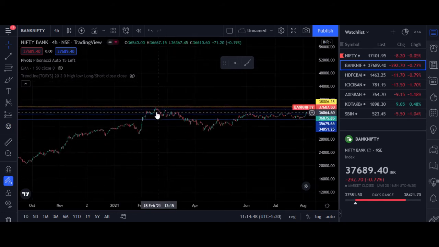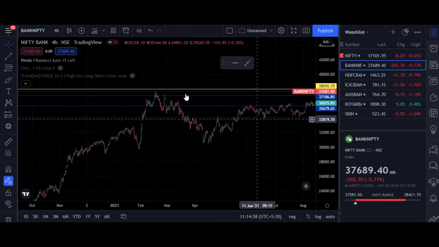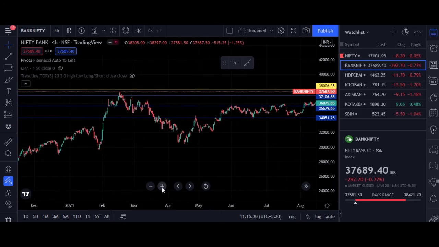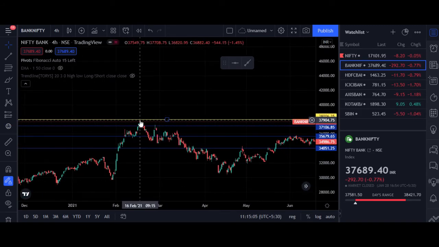You should draw the support and resistance with different coloring. Then you will know these are the key points, and when the live market is touching those areas, you should be very careful. You should not simply think that it will go up or down. So this is the point where the February 2021 line is giving support, and in that particular area you cannot see any resistance.